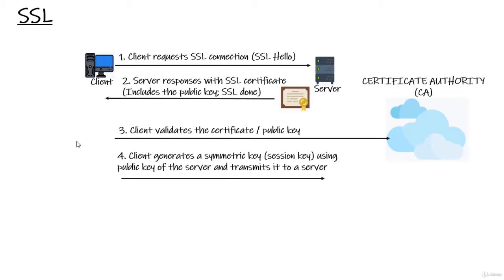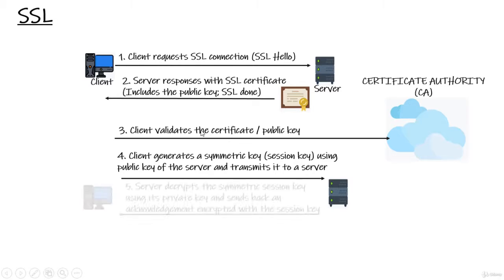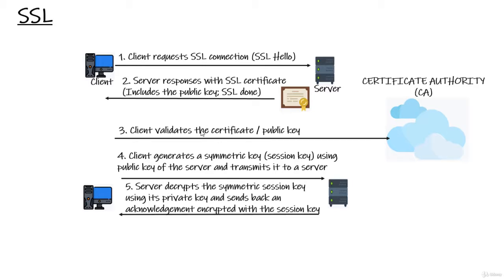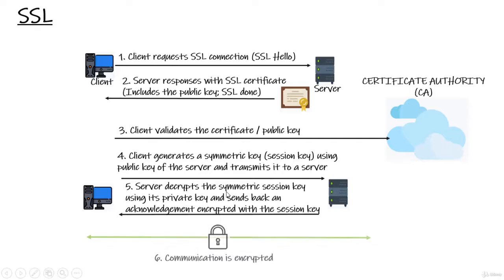For the rest of the connection, it's going to be the symmetric key, called the session key. All right, so we transmit it to the server. The server tries to decrypt the symmetric key using its private key and sends back an acknowledgement encrypted with the session key. I know, guys, it's a bit confusing, but this is the way it works. If you want to get it done, just go over that scheme. That's 100% correct. You have it all here.